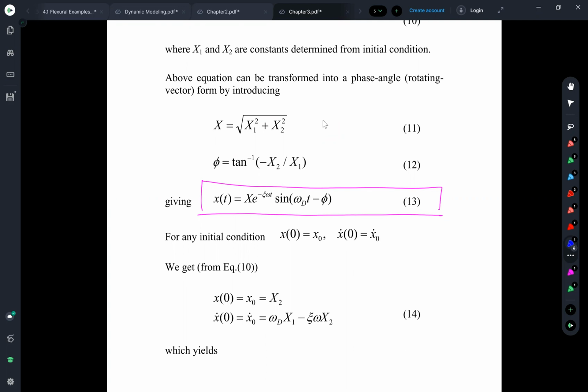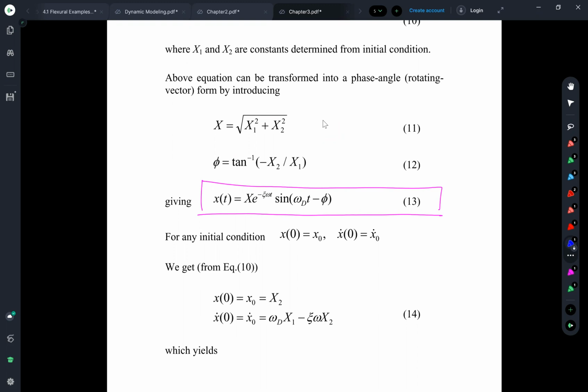It shows some oscillations, where the solution x equals the big X multiplied by e to the power minus zeta omega t, and multiplied by sine omega d t minus phi.